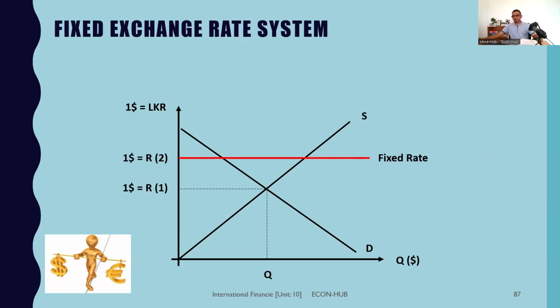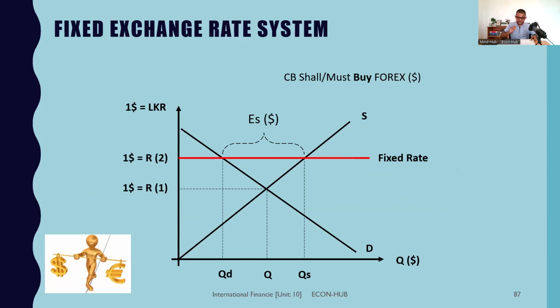In a fixed system, there are two diagrams you have to draw. Can you guys start with this? Then I can finish this part and we can stop. Draw this diagram. On the left-hand side, there's another diagram to be drawn on the right-hand side.